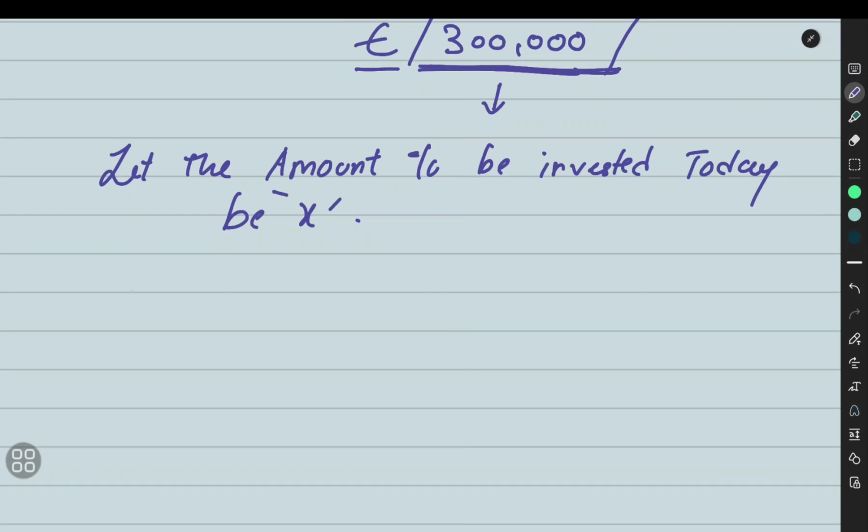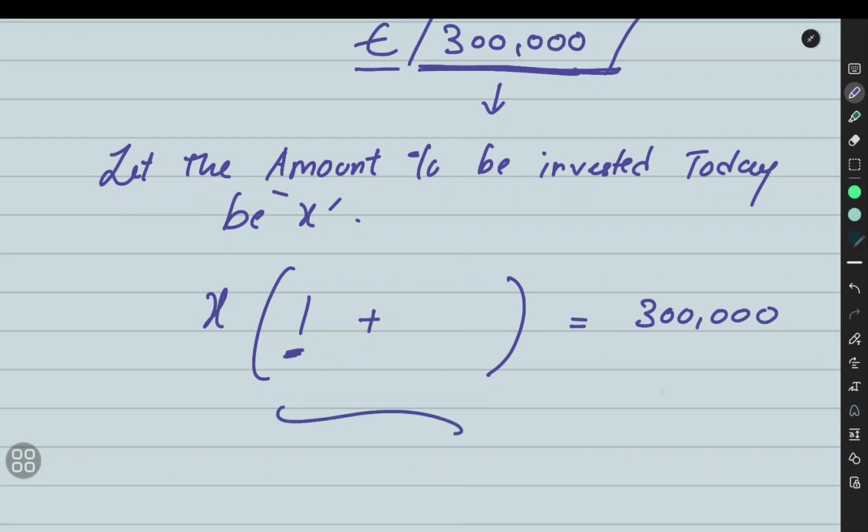How will I know? So it's nothing but present value. Present value of 3 lakh will give me 3 lakh. Okay, now how? So X has to be such that principal, that is 1, the principal component 1 plus the interest part will come up to 3 lakh. This equation is clear, the logical reasoning is clear.